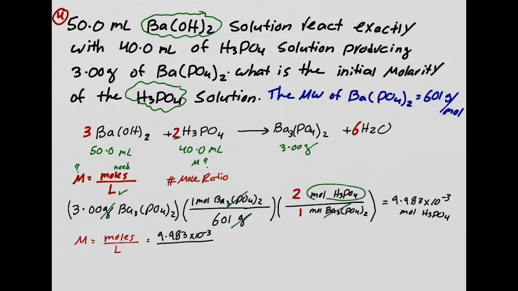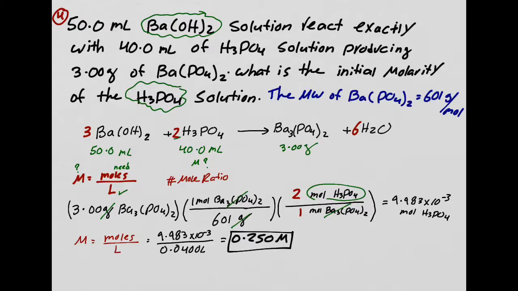We always had the volume because the volume was 40 ml, divided by 1,000 because you need it in liter, that would be 0.0400 liter. So if I do this, what I end up getting is, how many sig fig? 3 sig fig. Pay attention to sig fig at the end, 0.250 molar. That is my final answer.